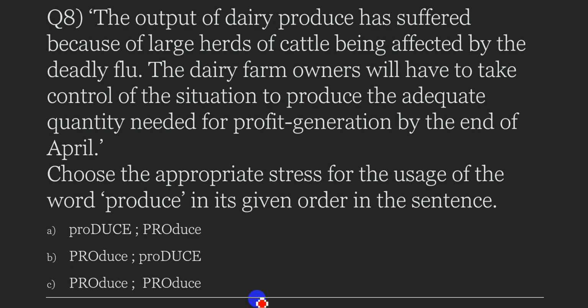The dairy farm owners will have to take control of the situation to produce the adequate quantity needed for profit generation by the end of April. So, produce is used once here and then here. We have to tell the appropriate stress usage in both of these sentences in the word produce.